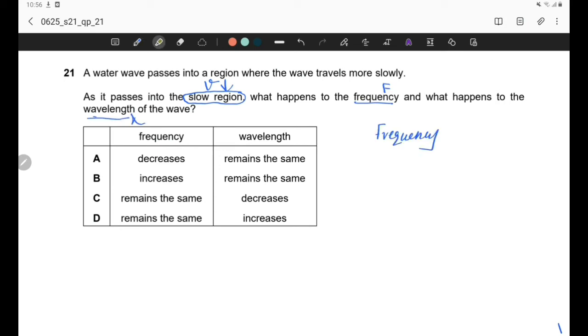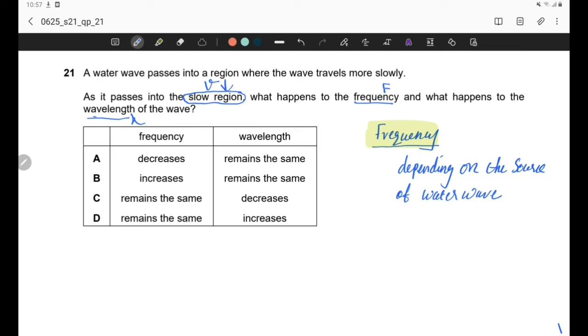First we can think about frequency. We need to know that for a water wave, frequency is decided by the source which produces the wave. That means how many waves the source produces in 1 second, that is frequency, which depends only on the source.